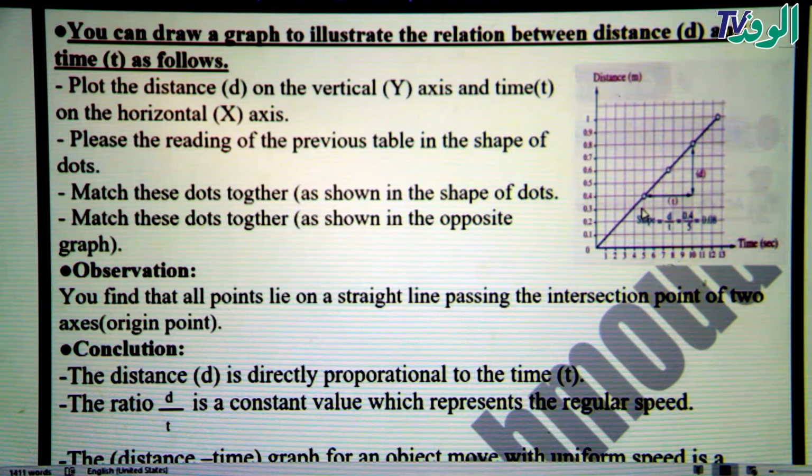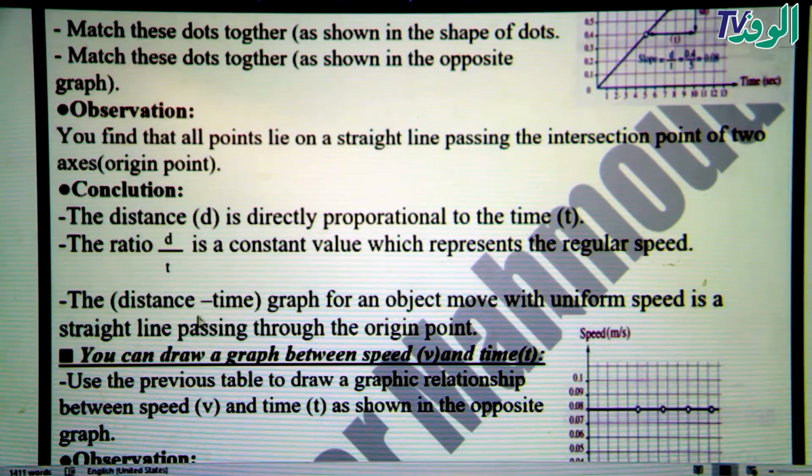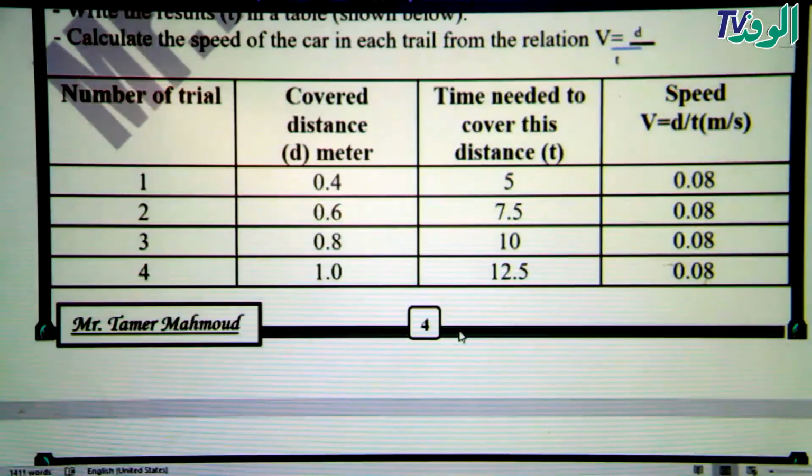So the conclusion: the distance d is directly proportional to the time, or the ratio d over t is a constant value that represents the regular speed. And finally, on the distance time graph, the regular speed can be represented by a straight line passing through the origin point.